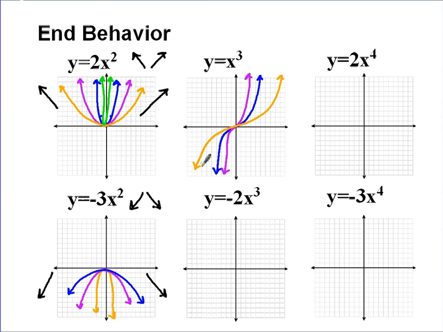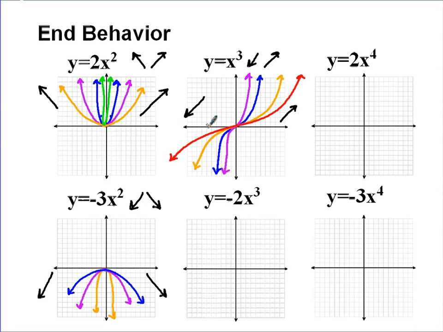I could do 1/10 x cubed, and it would probably look like this, something like that. But you kind of get the picture. With x cubed, as I'm going to the left, it's going to be going down. As I'm going to the right, it's going to be going up. And so the end behavior of x cubed looks something like that.